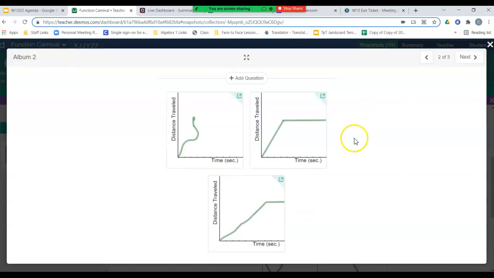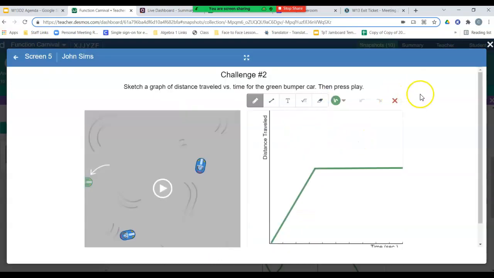Okay. And then this one, what is this graph going to look like? What's the bumper car going to do? It's too fast. It's going to stop. Where is it going to stop?